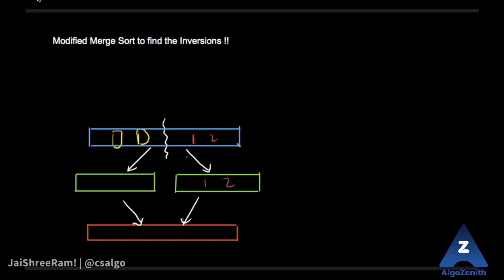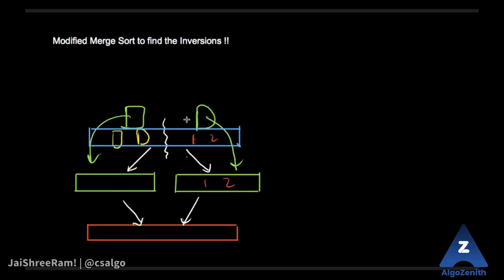Now let's consider the last case: the first element is over here and the second element is over here, so they will get split off into two different parts. So the idea that we use is that when we merge the solutions of the two subparts, we will also count the number of inversions that are being caused in that division.